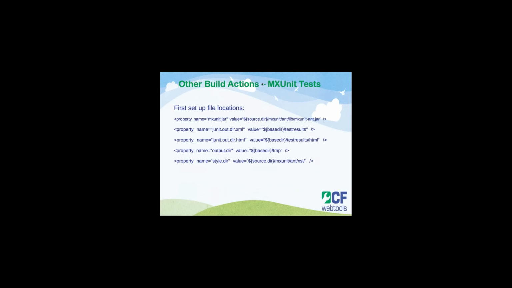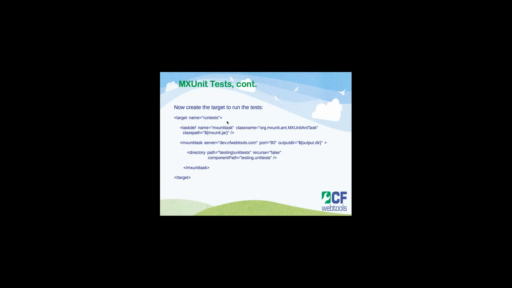Since you're asking about MX Unit tests, there's a really nice amount of information at the MX Unit site, which tells you specifically how to automate your unit tests. You're going to have to set up some properties which define where your MX Unit files are, where you want to put your test results, and what type of style you want to use. Then you just create a target that looks something like this.